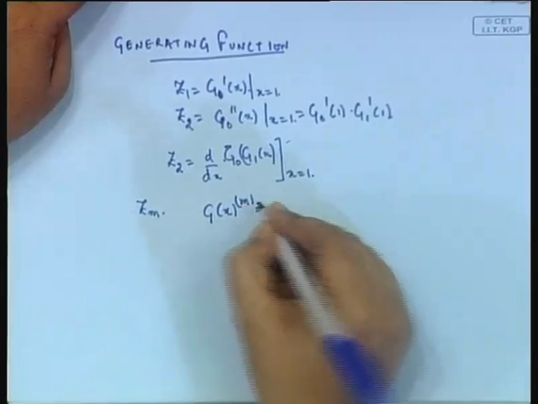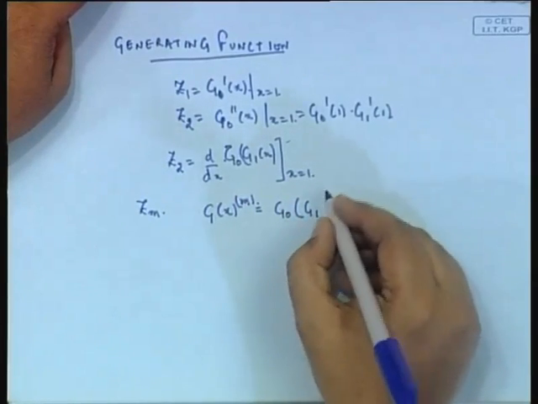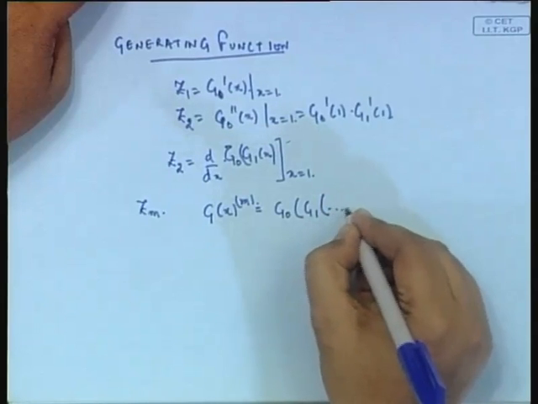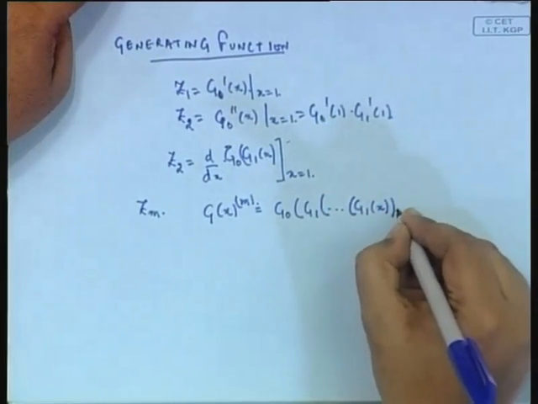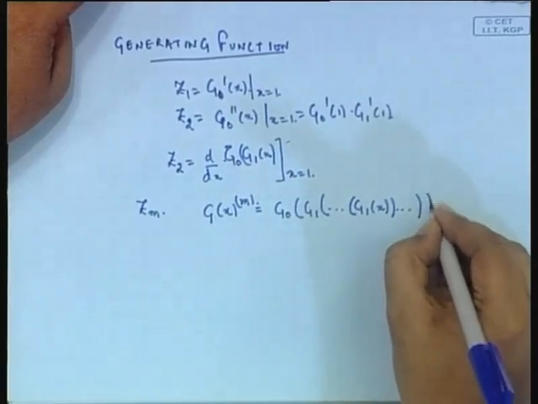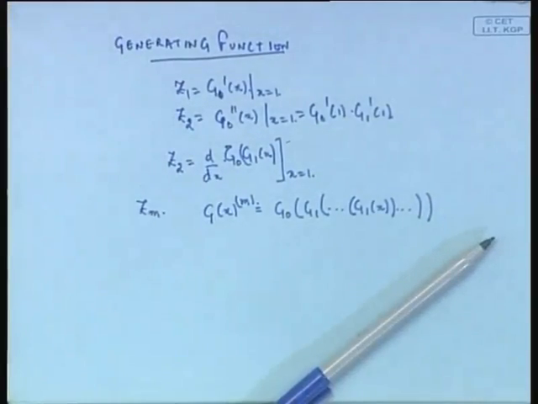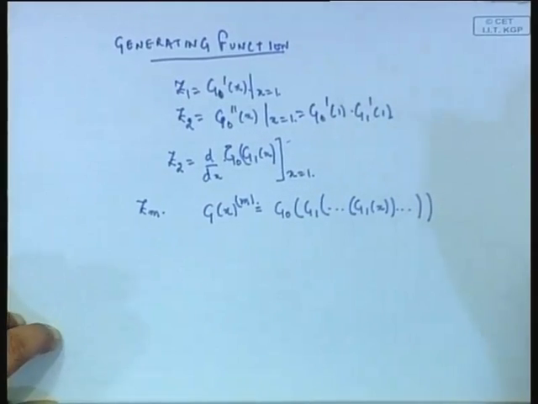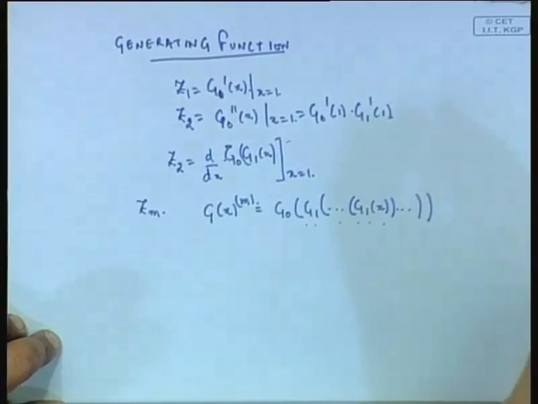We can show recursively that G0 of G1 x, and Gm will go for m times.